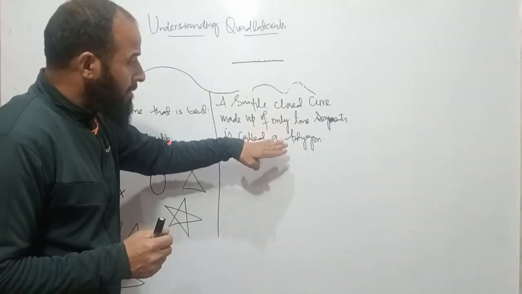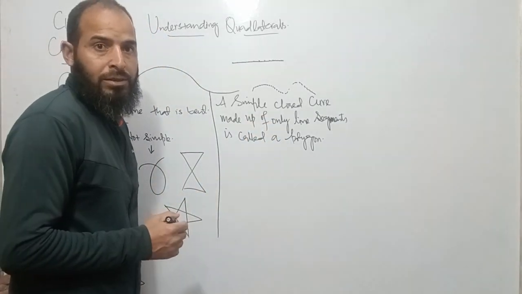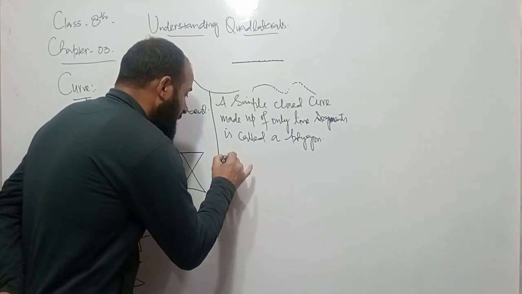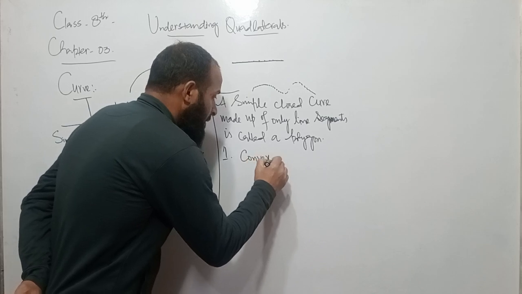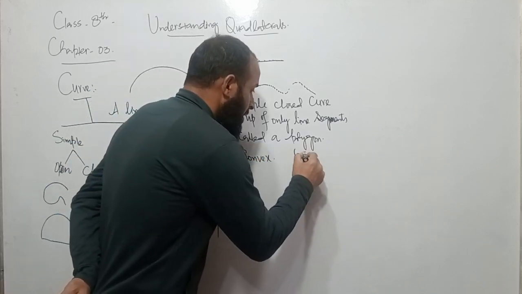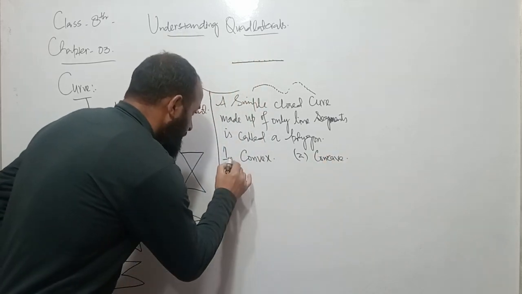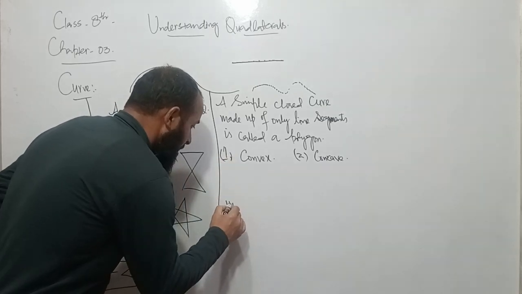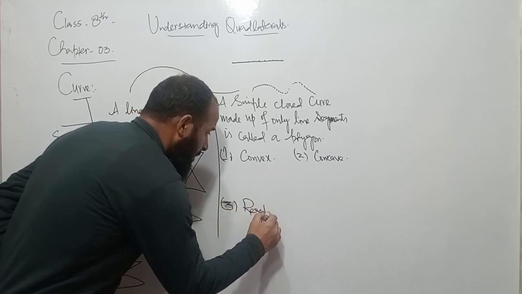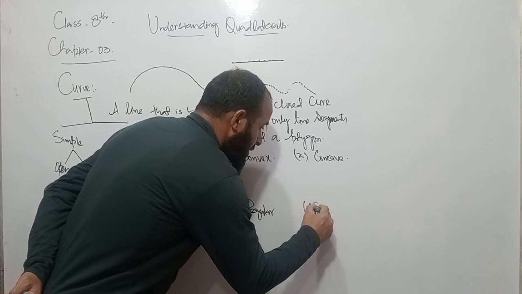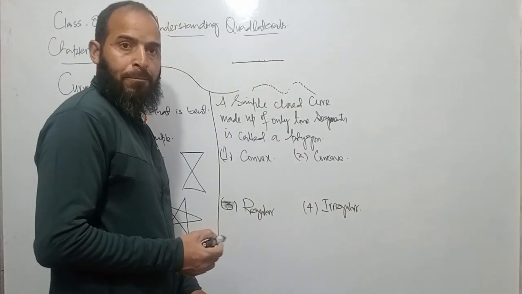Now, on this definition, we have different types of polygons. First one is convex polygon. Second one is concave polygon. Third one is a regular polygon, and fourth one is irregular polygon.